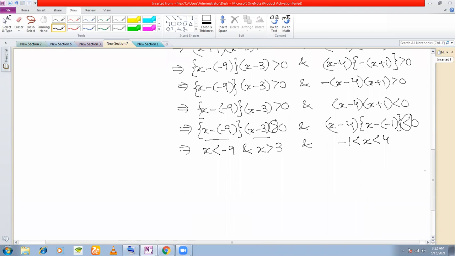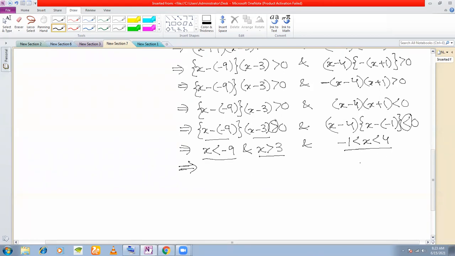So all these inequalities, what should they add up to? What do they tell you? x is less than -9 and x is greater than 3. Also, x is greater than -1 and x is less than 4.